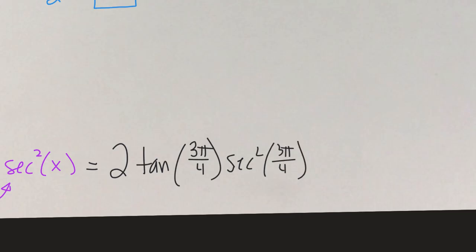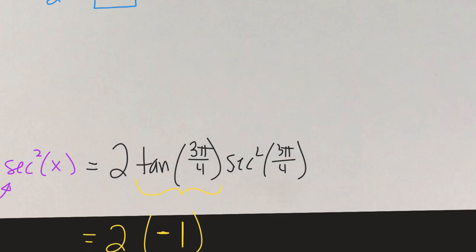So now we have to do some serious unit circle action. Okay, what's the tangent at 3 pi over 4 from our unit circle? -1. The tangent at all the pi over 4s is 1 if it's in the first or the third quadrant, and it's -1 in the second and fourth quadrant.